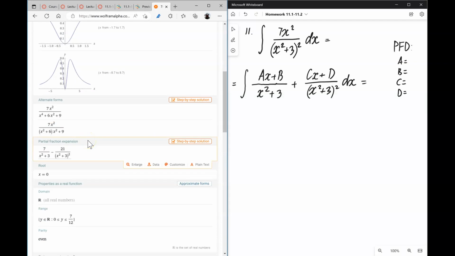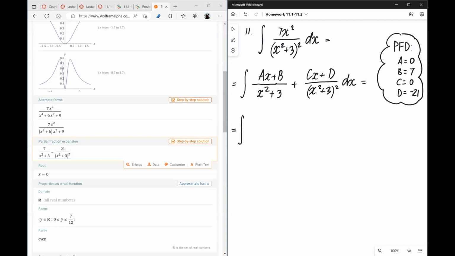And you can see that the answer is actually nice because a is 0, c is 0, there are no x's in there, b is 7, and d is negative 21. This was partial fraction decomposition, which has nothing to do with calculus, it's algebra.